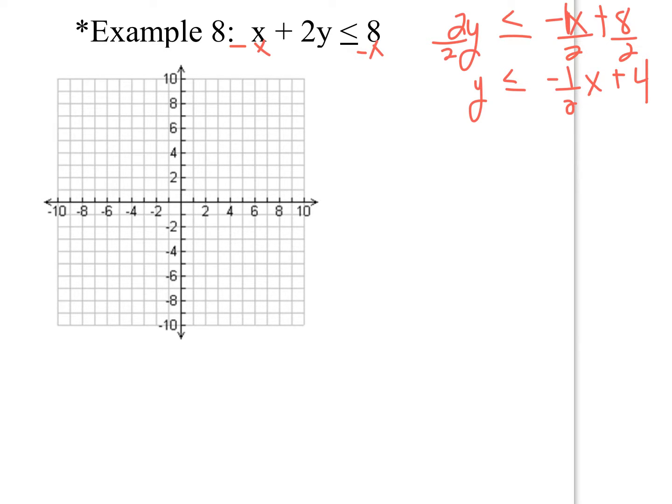All right, so here we go. Let's now graph this up. We're going to go to positive 4 on the y-axis. Now my slope's negative 1/2, so down 1, right 2.